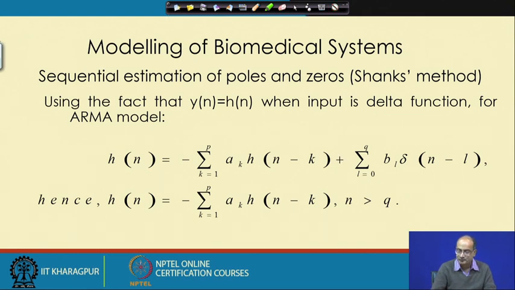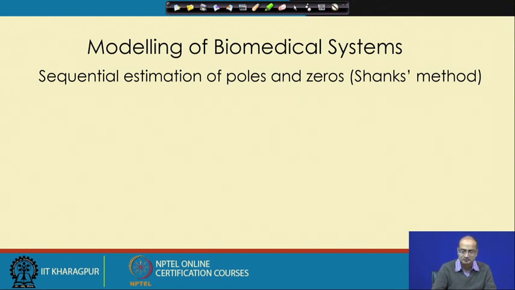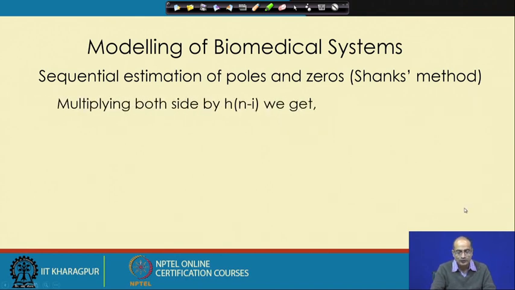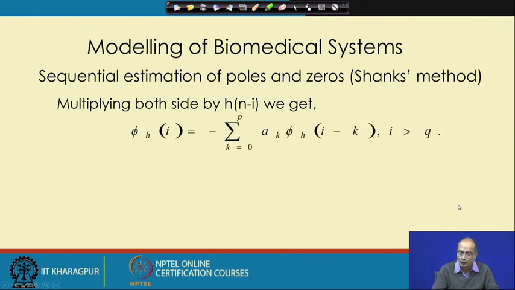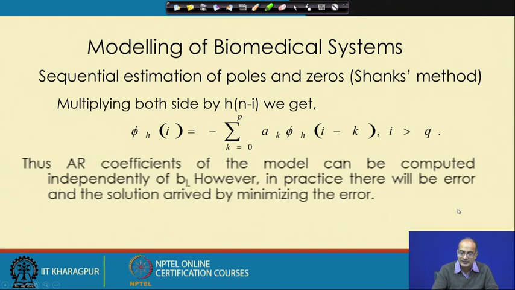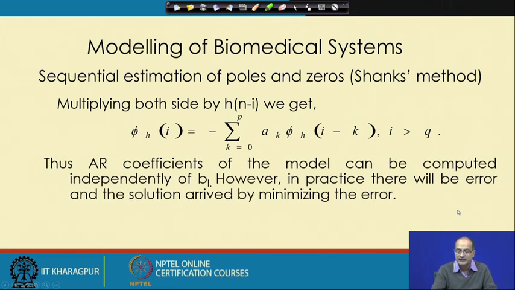So, that is the major gain. Now if we multiply both sides by Hn minus 1 in the second equation, we get it in terms of phi h. It is an equation using phi h and the AR coefficients ak.